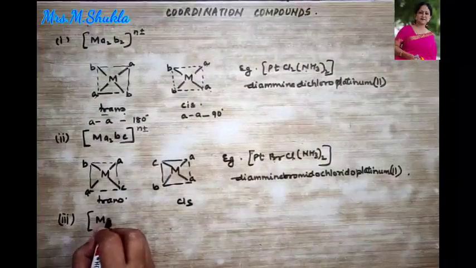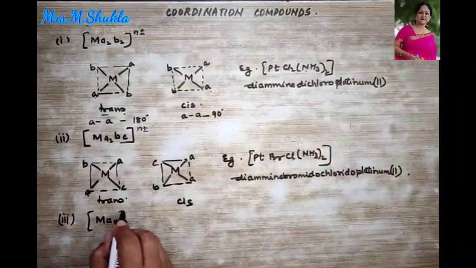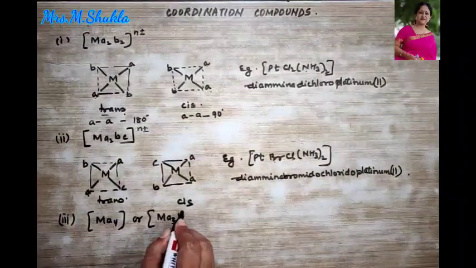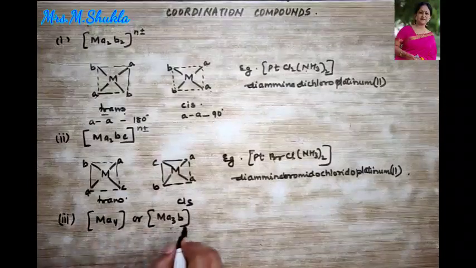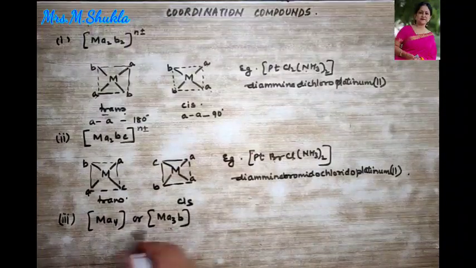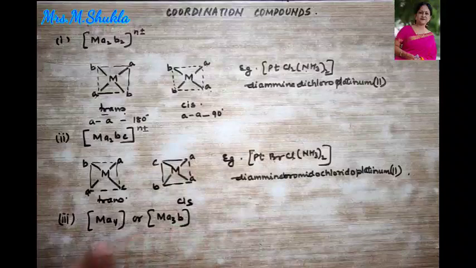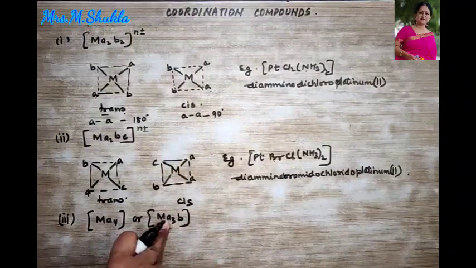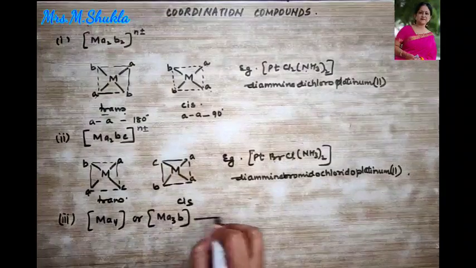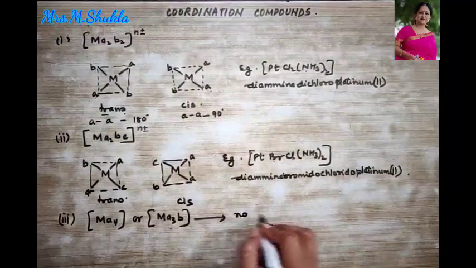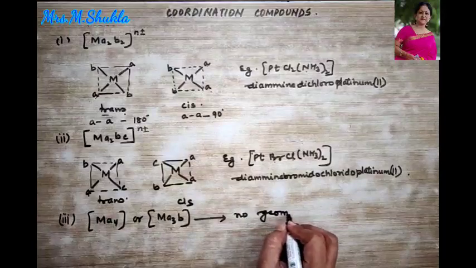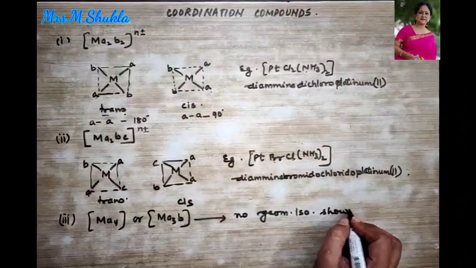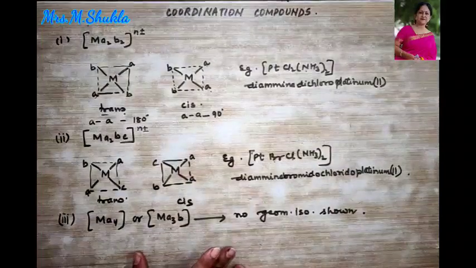So when these combinations of the ligands are there, if all ligands are the same or if three ligands are the same, then they do not show geometrical isomerism. I hope till here it's very clear.